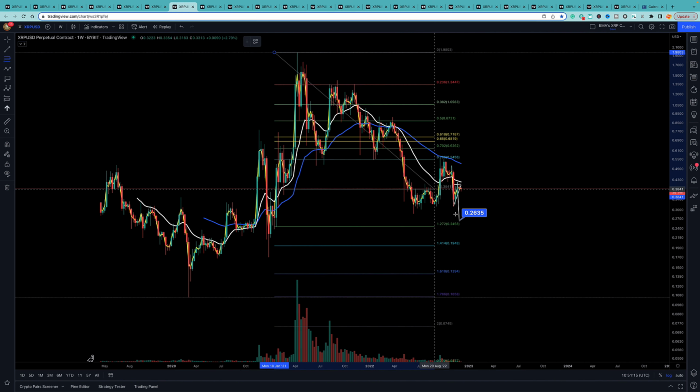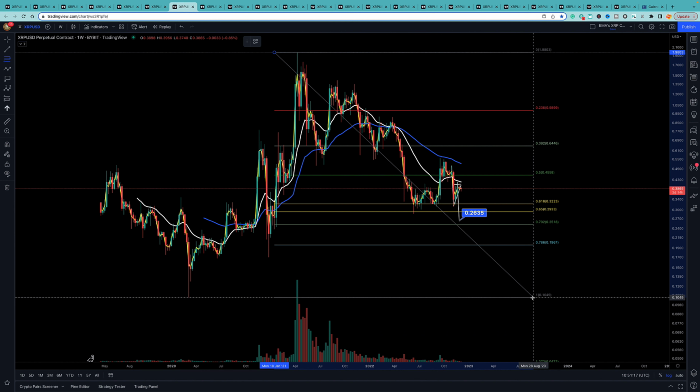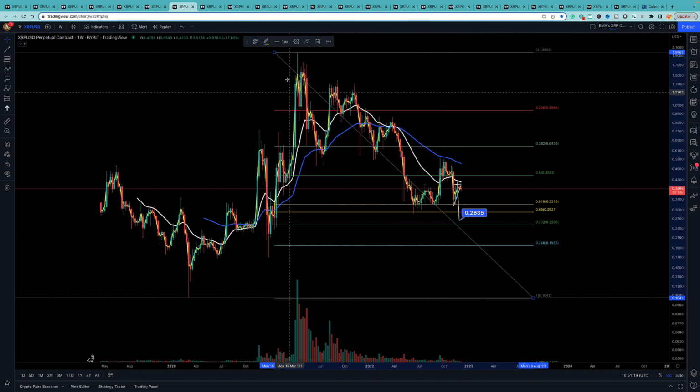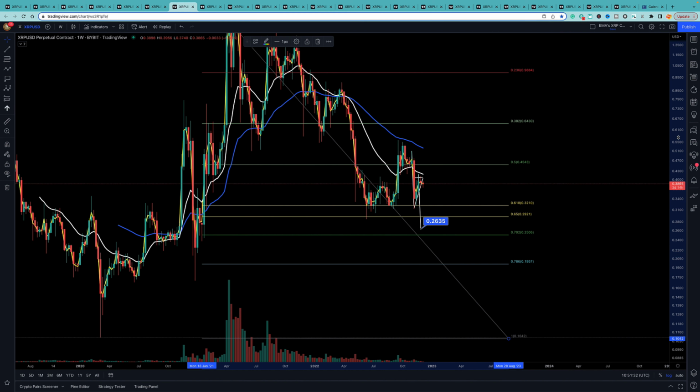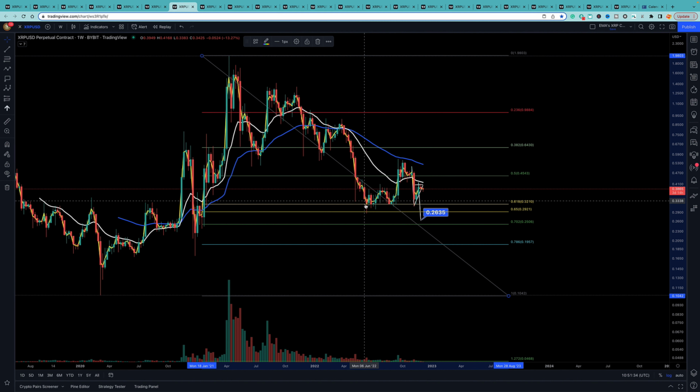And when we zoom out, and I put the fib from the top of price action at this peak, $1.96, to the bottom of the last bear market at 10 cent 59, you can see price action has dropped to the golden pocket, the 0.65, come back up above the 0.5, and again is now finding its way back down again.